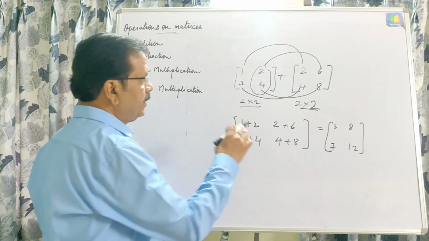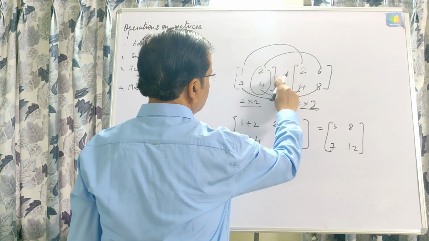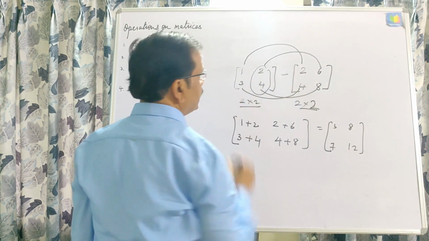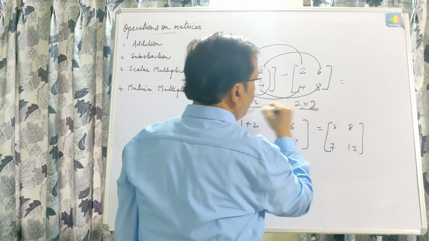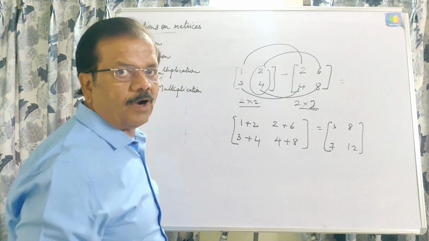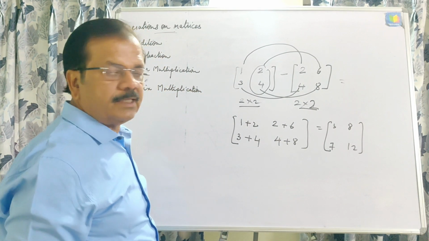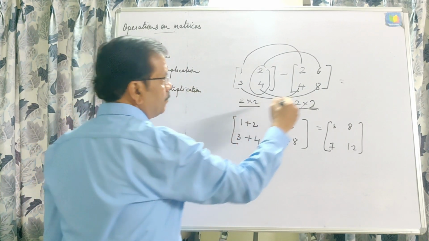The same concept will be followed in case of subtraction of both the matrices. If we are subtracting, suppose we change the sign and we subtract, then again we should see the order of both the matrices. If the order of both the matrices is the same, then corresponding elements are subtracted.